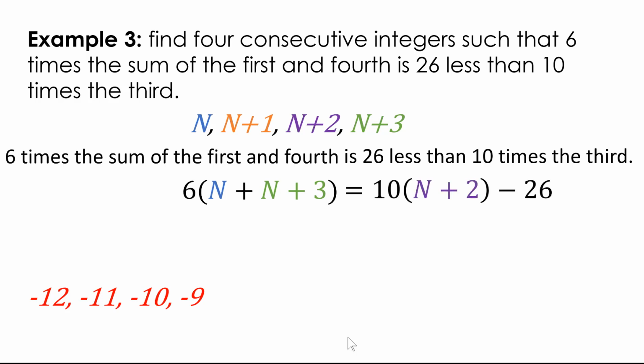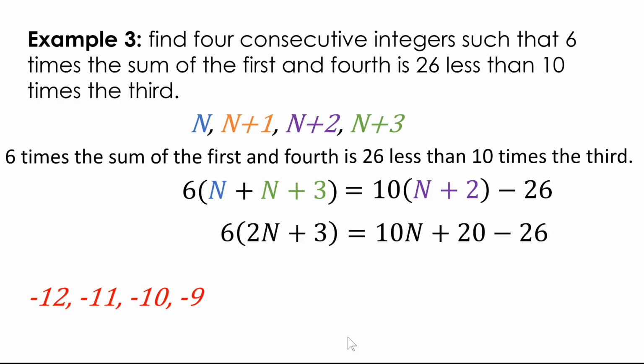So it's going to be 10 times n plus 2 minus 26. Now you can add your like terms on the left side, so you'll have 6 times 2n plus 3. Distribute on the right side and you'll have 10n plus 20 minus 26. Distribute on the left side, you have 12n plus 18 equals 10n minus 6 on the right side.